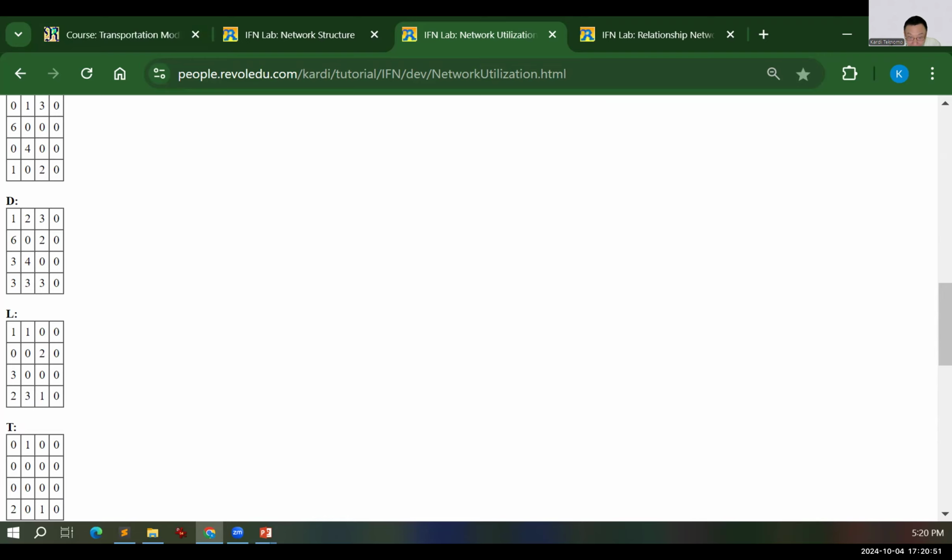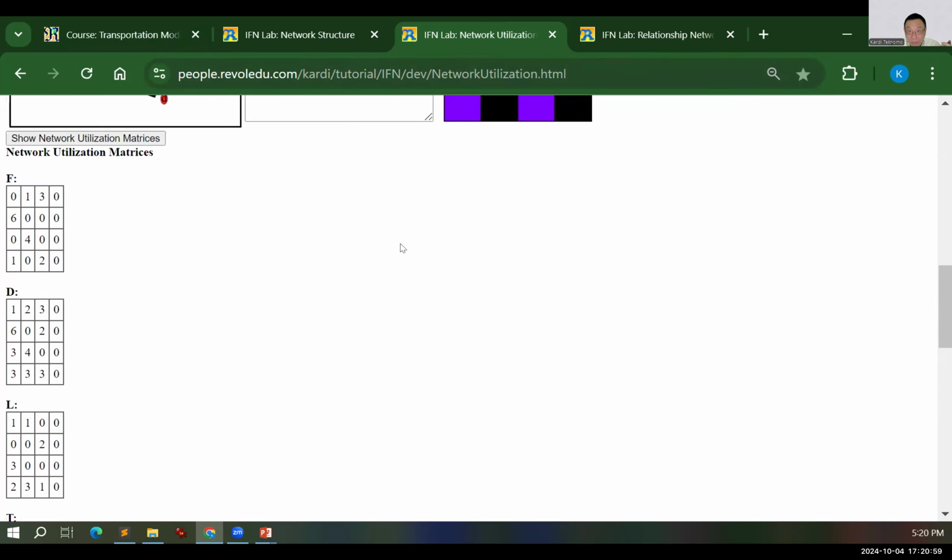Before we continue, I want you to practice this. Can you practice the example here with 5 trajectories? You can input this with the network that you have. Let me show you.